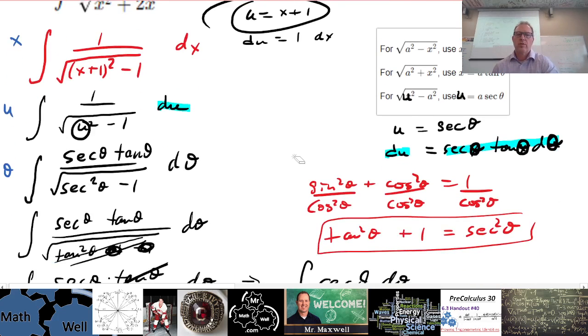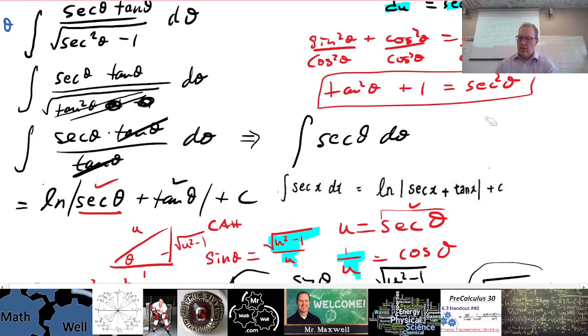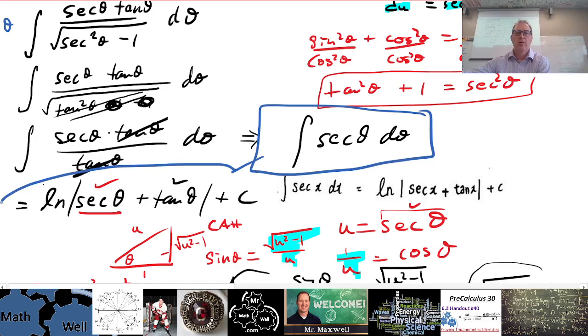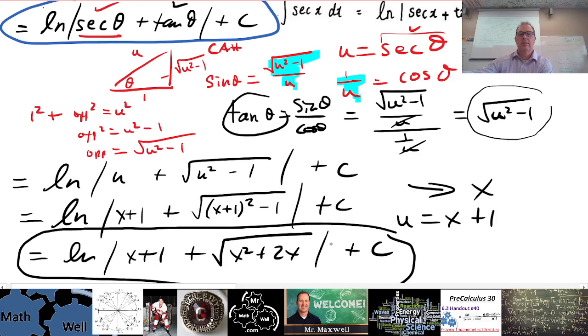We were able to simplify a little bit, and then we were able to substitute again into theta and simplify. Then we were able to actually make that transition from integral to solution, or find the integral, which was this one. And then the final steps were substituting backwards. So theta to u, and then u back to x.